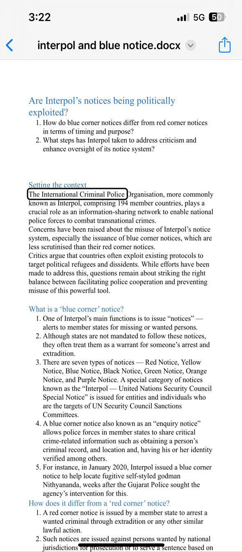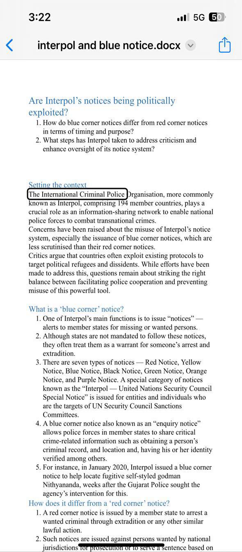Now the point is that unlike the blue color notice, where legal proceedings are yet to be initiated, in the red color notice the legal proceedings have already been initiated.